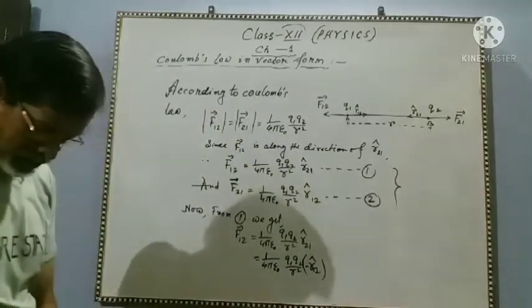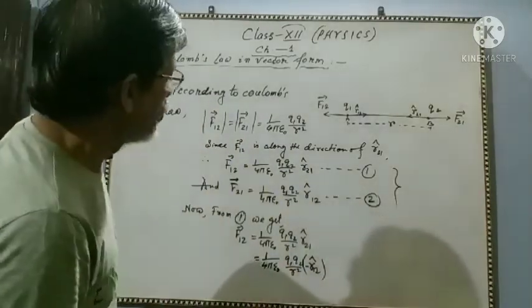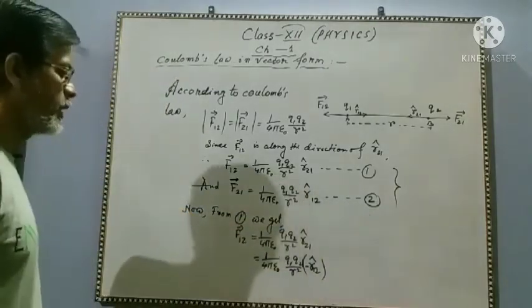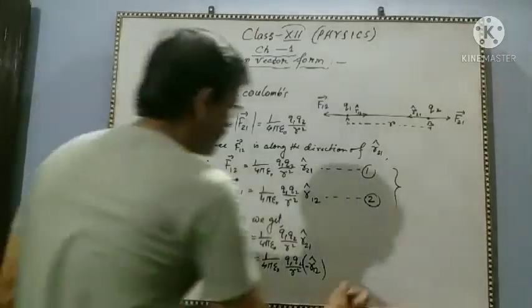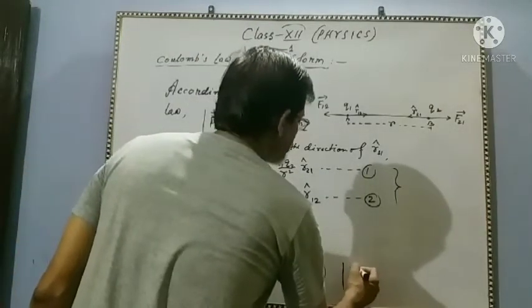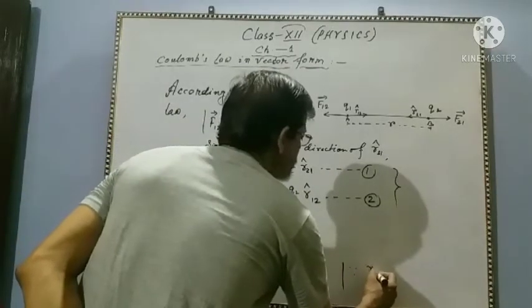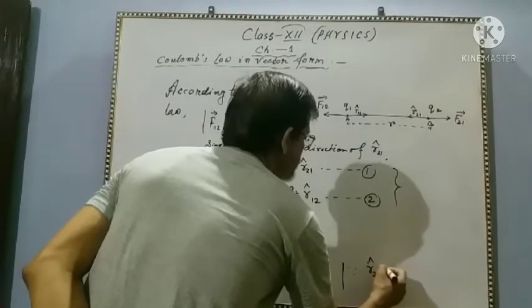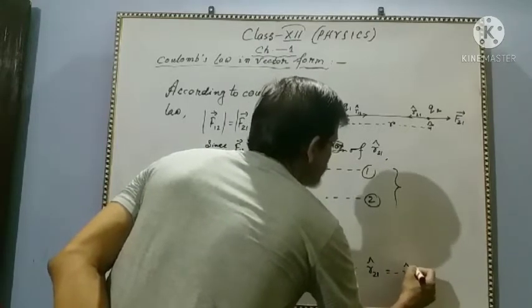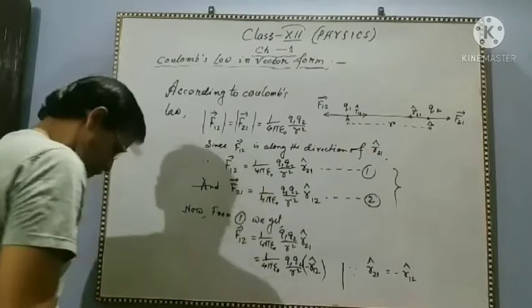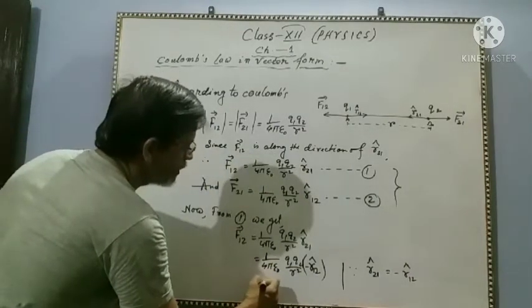Clear? R21 cap, its direction is opposite to the direction of this. So if you take this minus sign on, then what will you get?